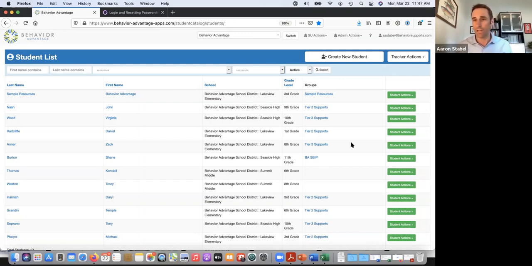But I think what is often missed is the underpinnings that make check-in, check-out work. If check-in, check-out is being implemented as a clipboard where staff follow kids around and they ding them when they're engaging in bad behavior, and they benevolently give them higher points when they engage in good behavior, that's not really capitalizing on the effectiveness of self-monitoring and self-management.